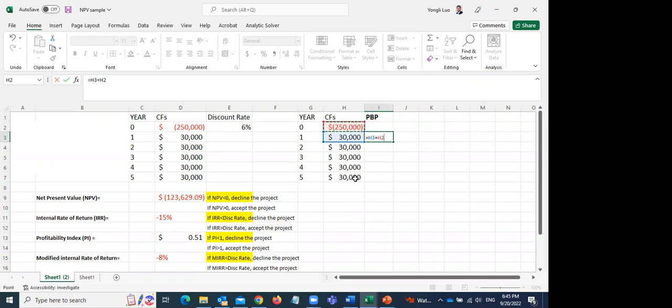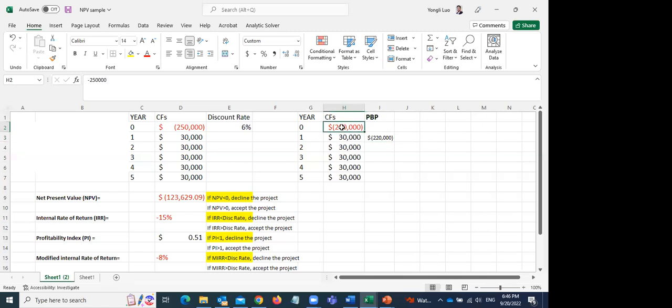So at the end of the first year, your payback position is negative. It's the cash flow plus your initial investment, equal to the first year cash flow plus your initial investment.